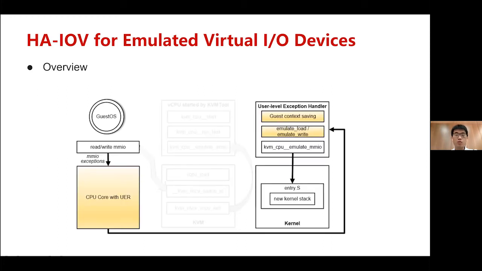As shown in the graph, with the support of hardware, a specific exception raised in the guest can be directly redirected to the host user space, bypassing QEMU. The user-level exception handler first saves the guest context. Also, some functions implemented in QEMU handle the exception.